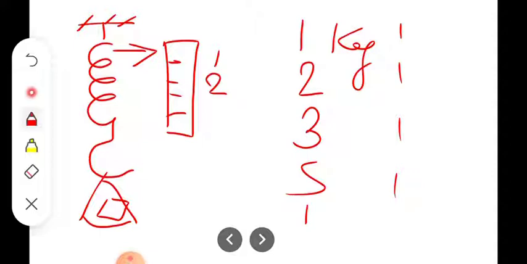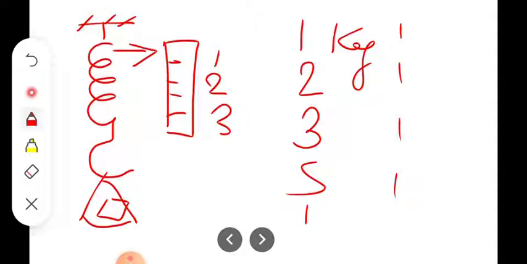Then we remove the 2 kg weight and place the 3 kg standard weight into the pan. Again the pointer moves downward and matches with a marking on the scale, so that is marked as 3. Likewise, we place the standard weights in the pan and study the intersecting point of the pointer and the scale reading.